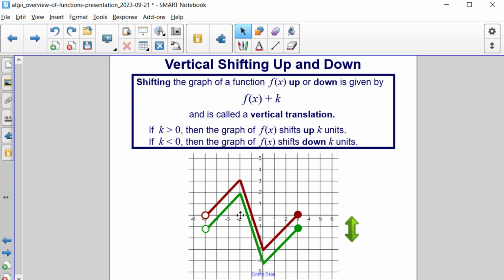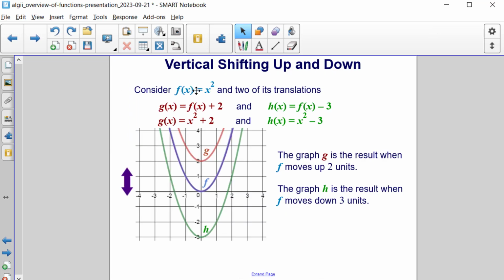Consider the function f of x, which is equal to x squared, and two of its translations. We have that g of x is equal to f of x plus 2. If we actually take f of x and substitute it in for g of x in that f of x location, we will get that g of x is equal to x squared plus 2.